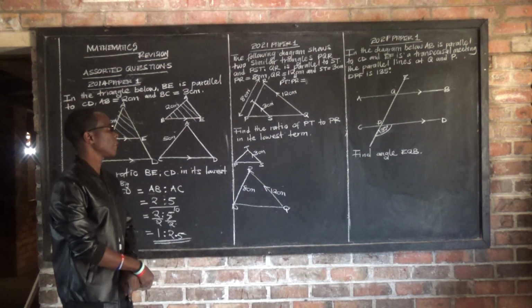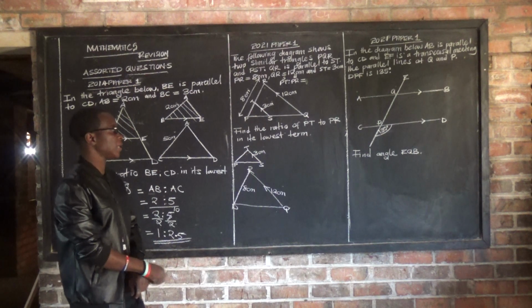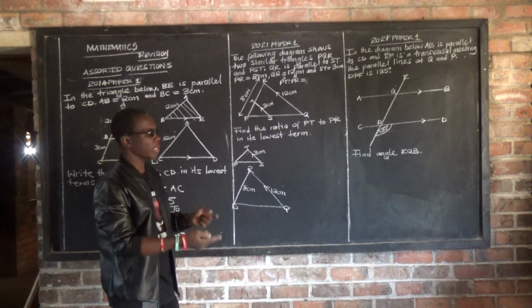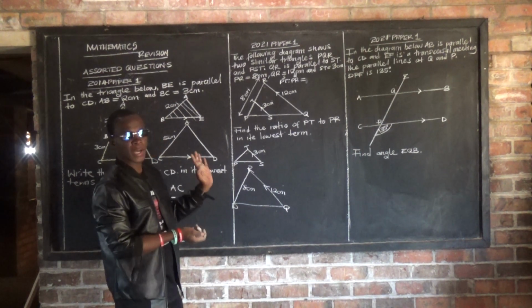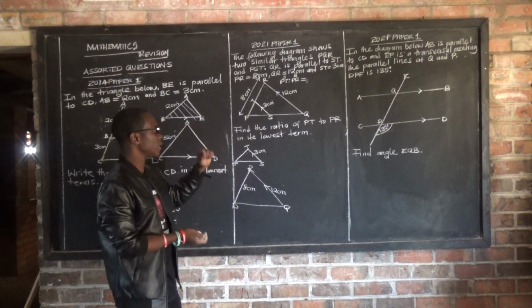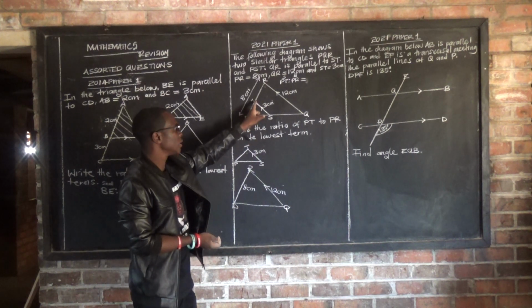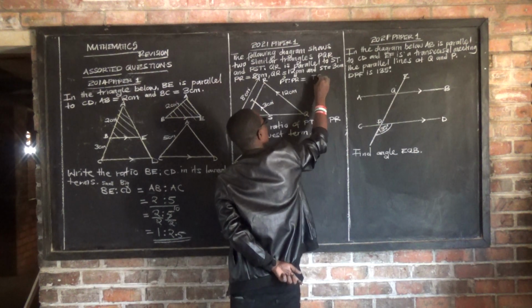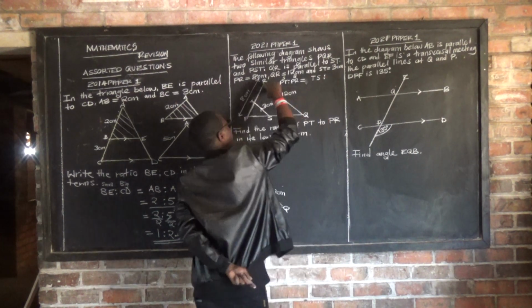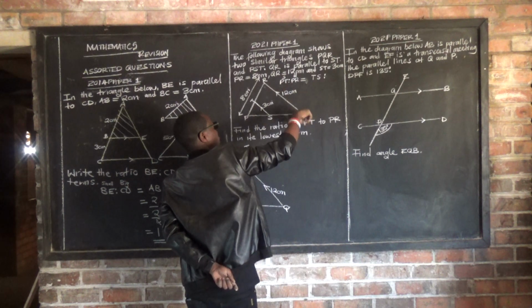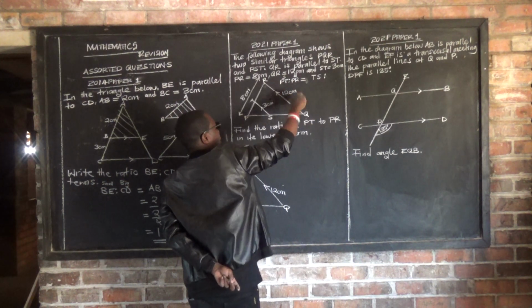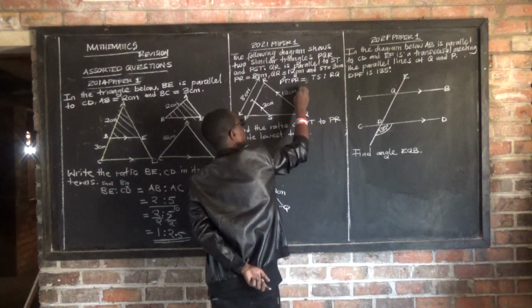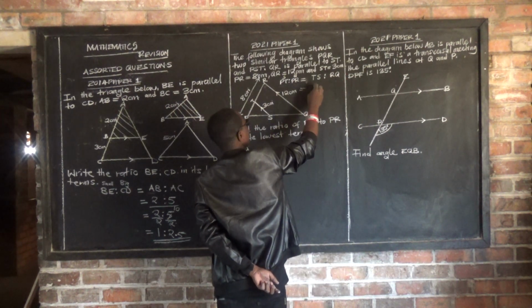PT we don't have, but PR we have, it's 8. So we're going to use another pair of sides which we have. We can use TS to RQ. So what is TS? 3.